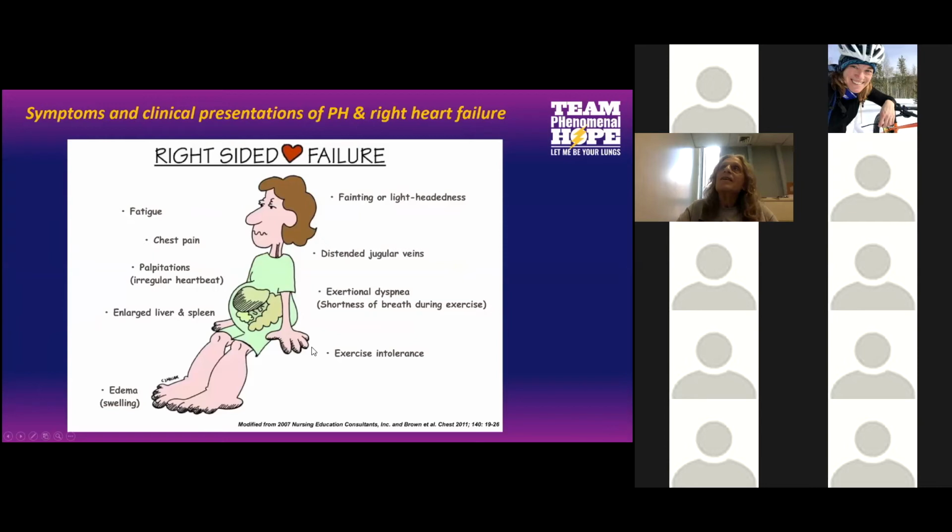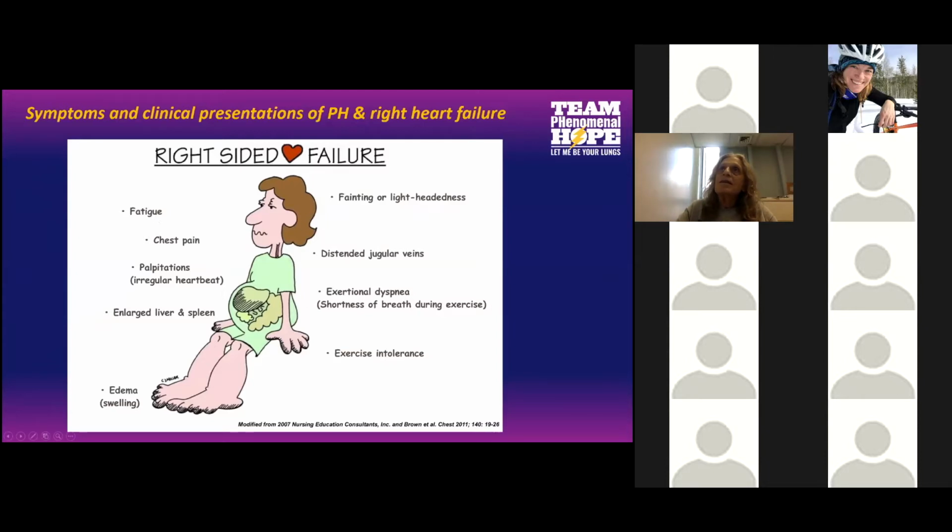So patients with pulmonary hypertension and right side heart failure usually present with fatigue and chest pain, like Jim mentioned earlier. And they also present with lightheadedness, as well as edema, and complain about exertional dyspnea, meaning that they have shortness of breath during exercise.